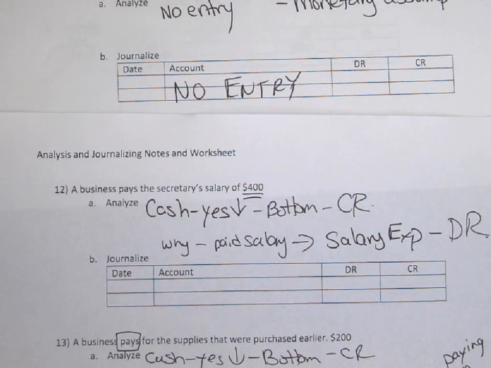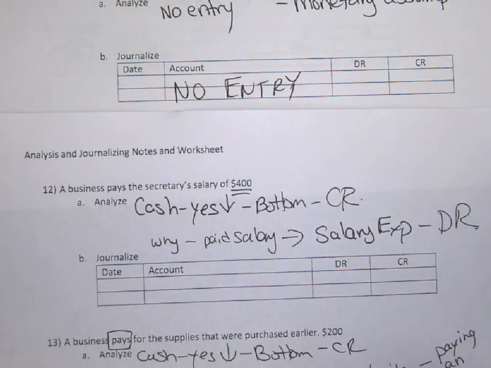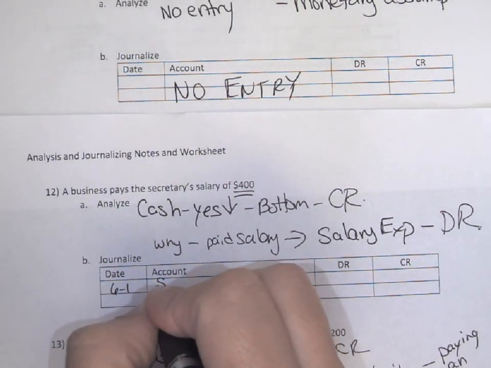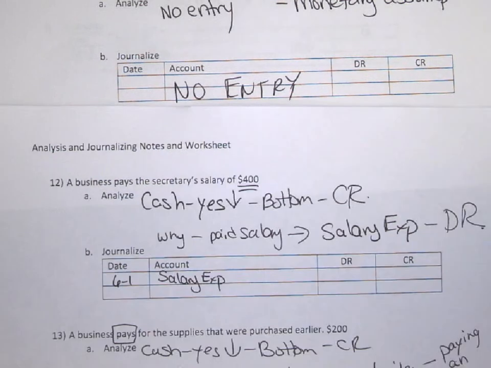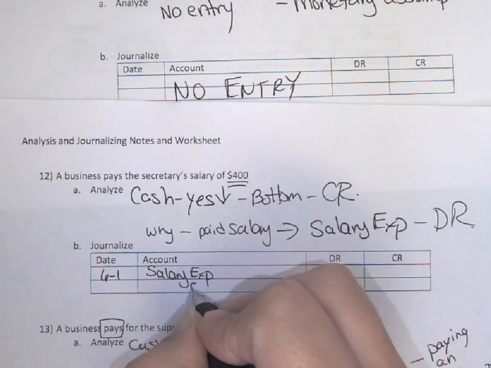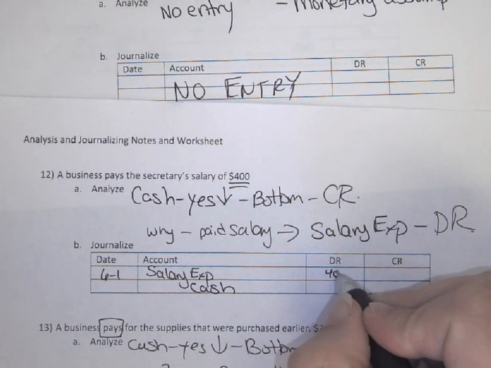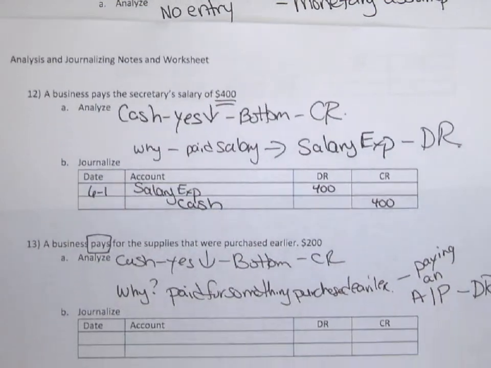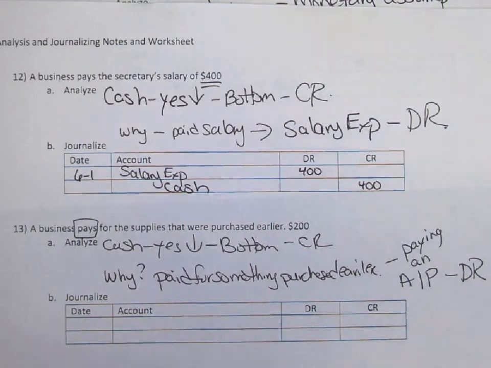Number 12, business pays secretary salary of $400. Cash is on the bottom as the credit. The debit is going to be salary expense. So I come in, I have salary expense. I'm going to have cash. Notice I indented over, and that was $400. The next entry, cash is the credit, and accounts payable is the debit.